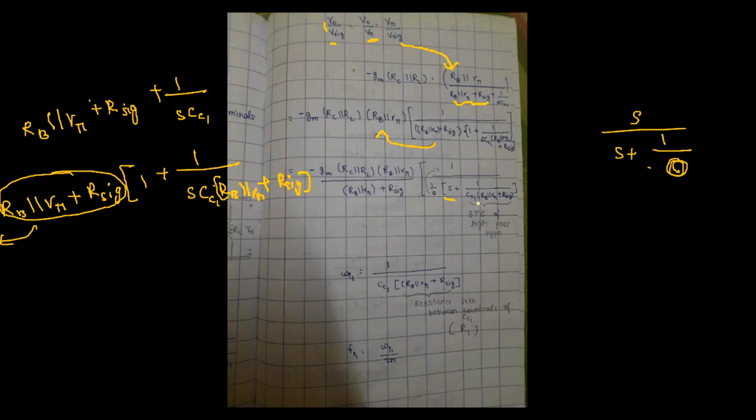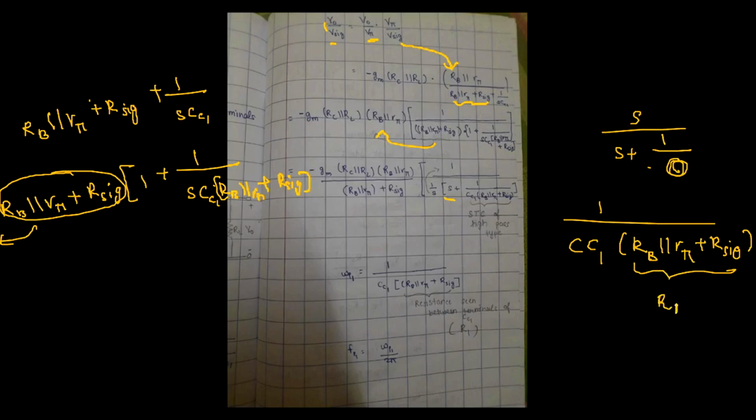So the time constant of this particular capacitor comes out to be 1 divided by CC1 into RB parallel to R pi plus R signal. So this resistance, which is RB parallel to R pi plus R signal, let's call it R1 for now.